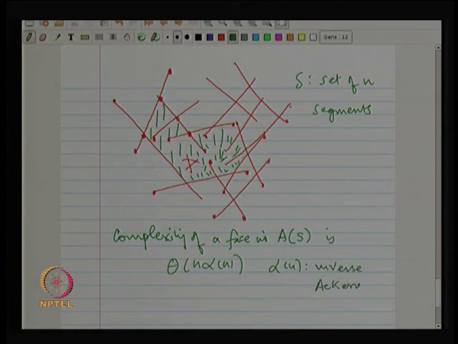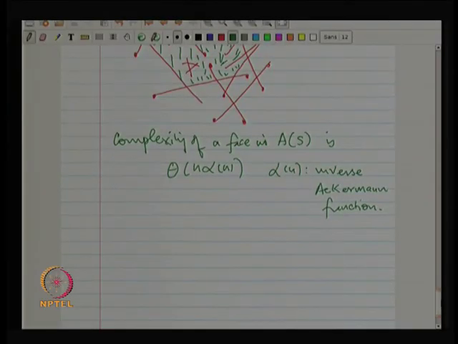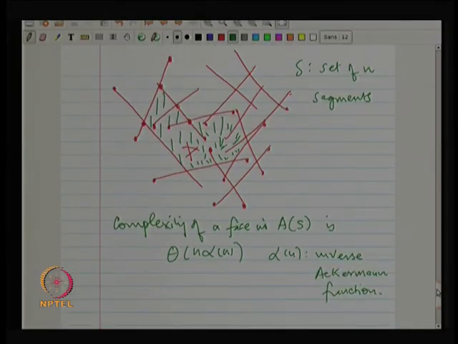I assume all of you know the Ackermann function. The interesting part is that this is tight. I wrote theta, not big O. So there are sets of segments for which a single face can have complexity omega of n alpha(n). That is very strange, because alpha is not a natural function that you would think of, but nevertheless it is near linear, because we know that alpha has very small values even for very large values of n.